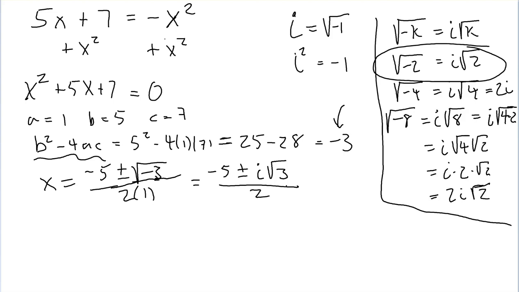Now, a lot of times you'll see books and whatnot go a step further. They break this up into a sum and difference of two fractions like this. -5 over 2 plus or minus i square root 3 over 2, like that. And then sometimes they go even further and they do like this.